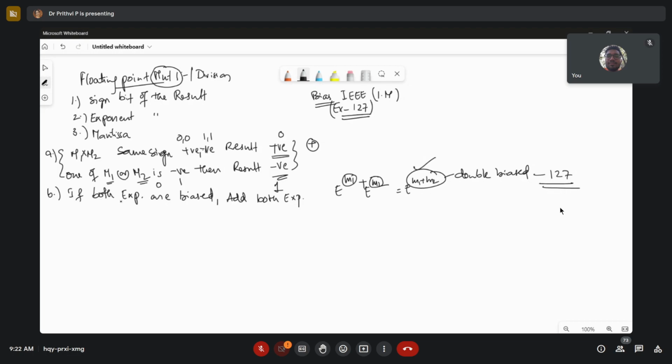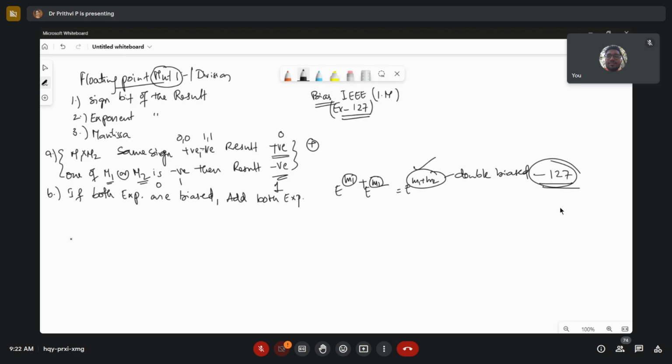Understood this one? Two exponents will be added for the result. Because they are already in biased format, when you add them it will be double bias. So you have to remove one set of the biasing value 127, so that you get the resultant exponent.